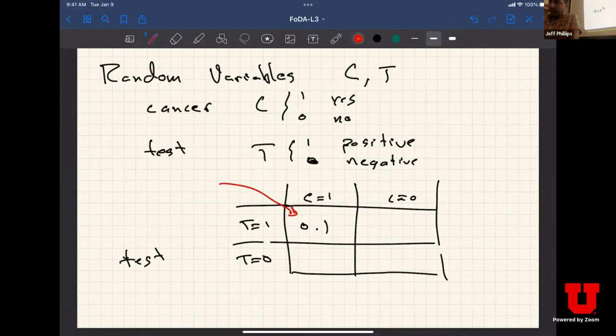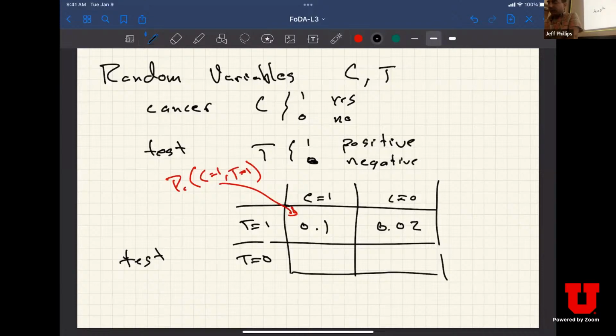So this would be the probability of C equals 1 and T equals 1. So it's both of these things occurring at the same time.